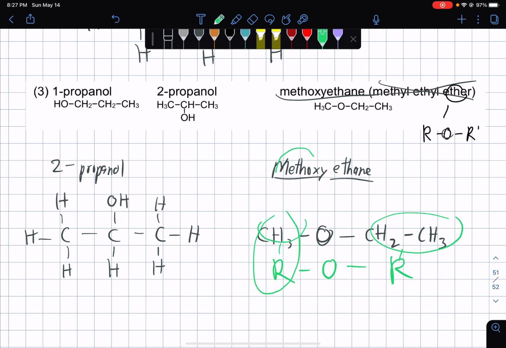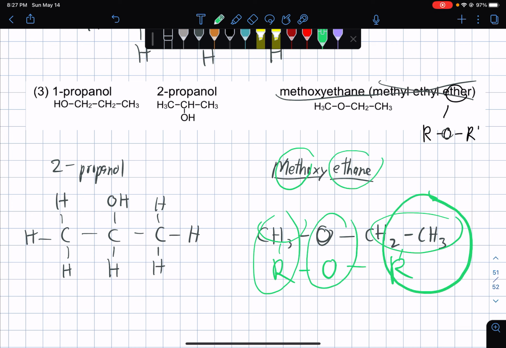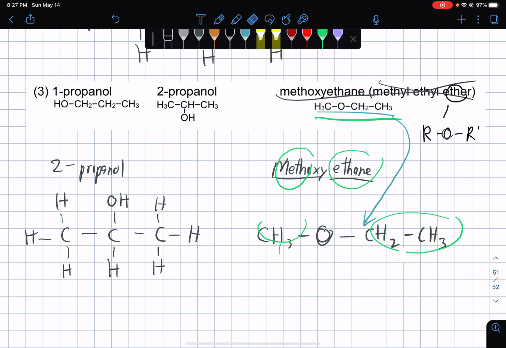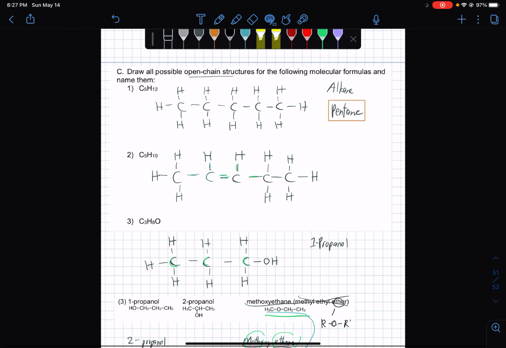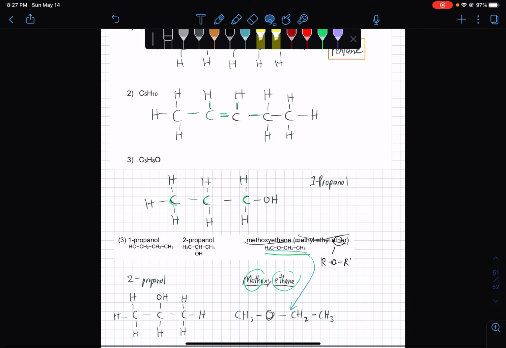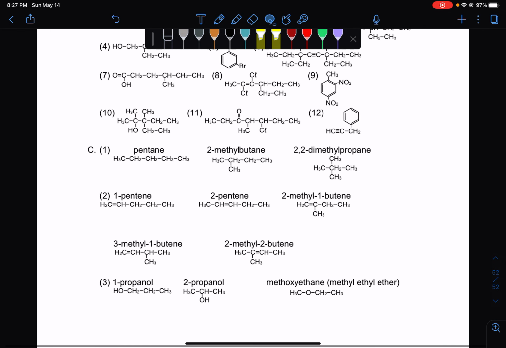So this one represents meth, this one is oxy, and this one is ethane. Therefore, the given looks exactly like what I just drew. So yeah, that's it. Let's talk more about the numbers 1 and 2.